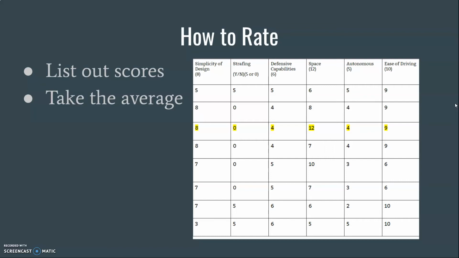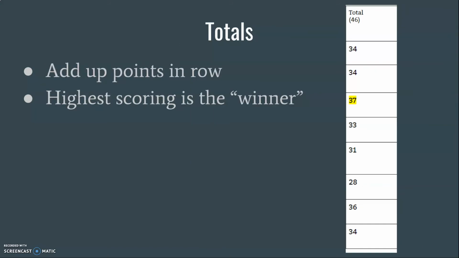This would be done for each design in every category. Add up the total score for each design after the averages are taken. The one with the highest total score is the winner. This is the design that your team will go with, assuming it is in line with your team's consensus.